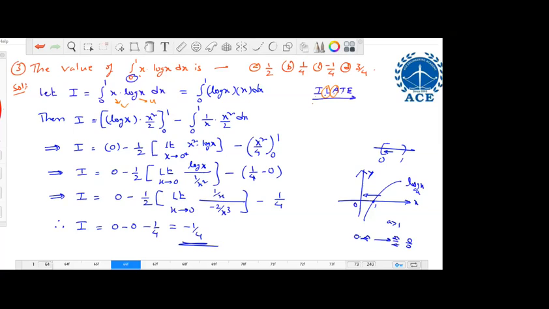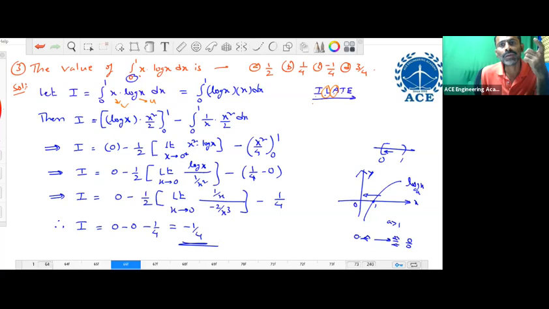If it is an improper integral, then the value of the integral may or may not be finite. Suppose the improper integral value is finite, then it is convergent. But if it is infinite, then it is not convergent. That is why we discuss the convergence of the improper integral. That is the importance of improper.